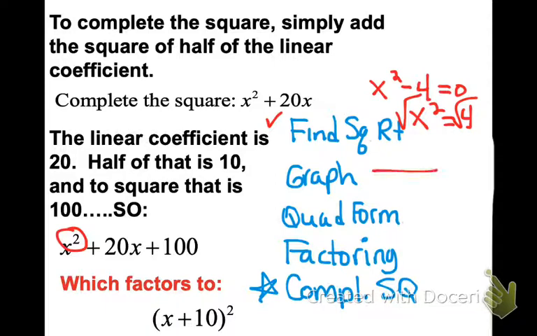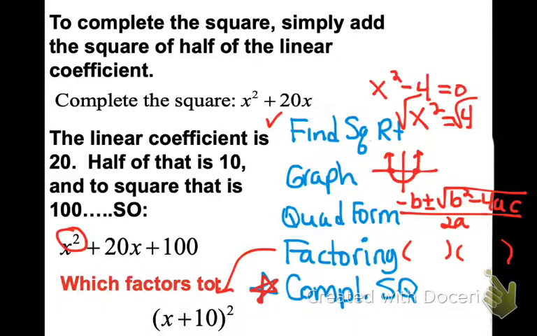Graphing, we know our parabola can open up or down, and where it intersects the x-axis, those are the solutions. Our quadratic formula: negative b plus or minus the square root of b squared minus 4ac over 2a. We just looked at factoring, and then today we're going to be examining completing the square.